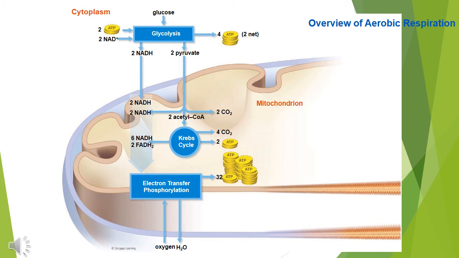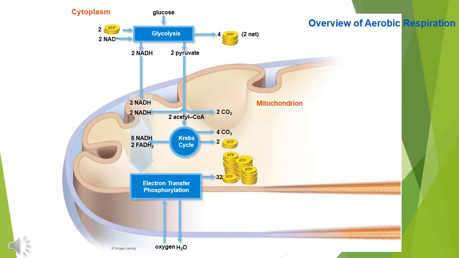Then the NAD plus will enter into the mitochondria as well as the pyruvate. The NAD plus is going to meet up with the pyruvate. It's going to have 2 CO2 molecules removed, and you're going to have a product of 2 acetyl-CoA molecules.